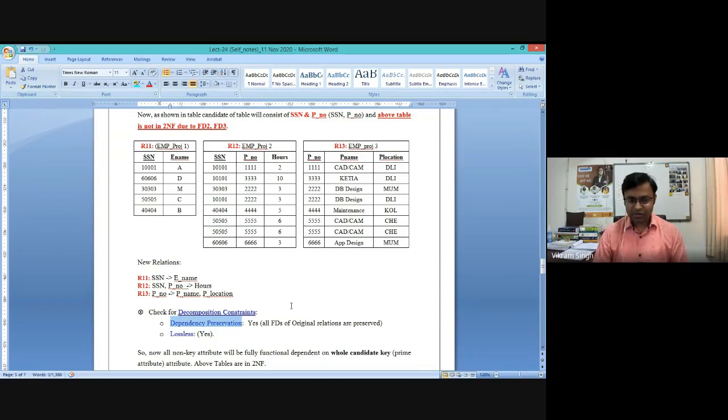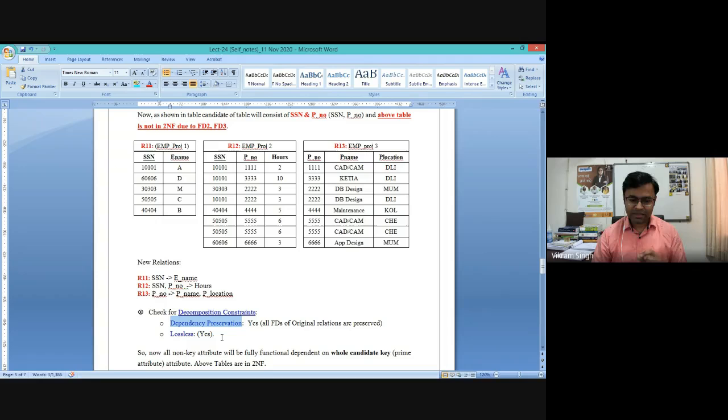So it is important. जो decomposition से पहले या decomposition के बाद जो set of FDs different attributes, different tables से बनते हैं, if both sets are the same, you can claim that we are not losing any dependency. That's a simple condition you should check, right?